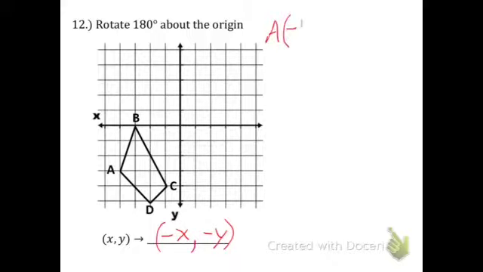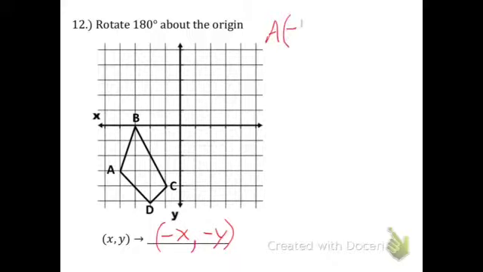So to get B prime, switch the signs, you get 3, 0. C is currently at -1, -4. C prime, you just switch the signs, you're going to get 1, 4. And then D is currently at -2, -5. To get D prime, you just switch the signs, +2, +5, and you're ready to go.